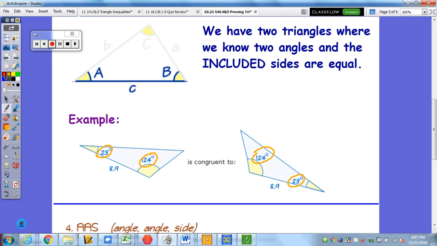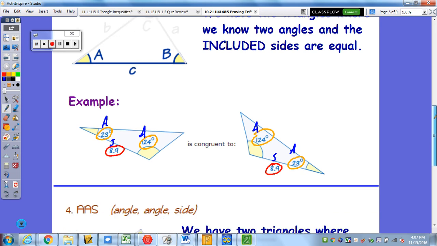Because the included side between these 2 triangles is congruent, I know that they are congruent by angle, side, angle. And sometimes if we just write the A's and the S's out, it'll show you obviously what it is.